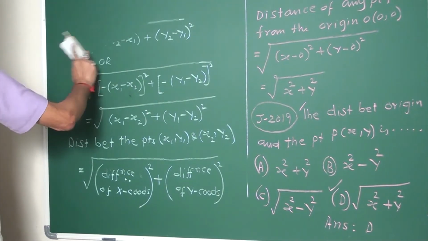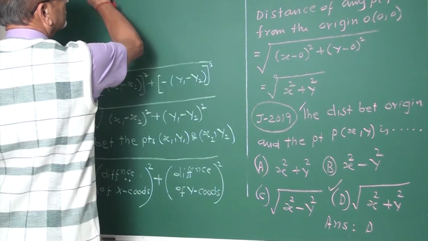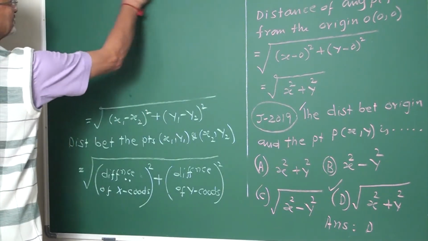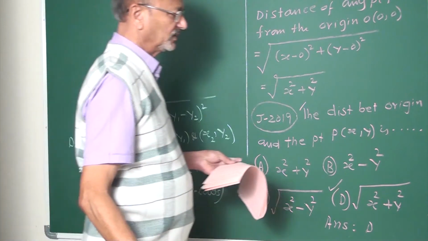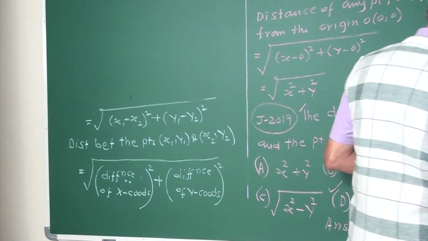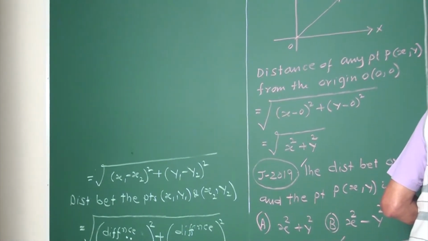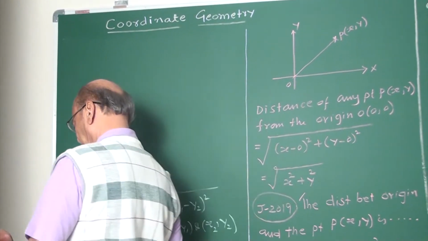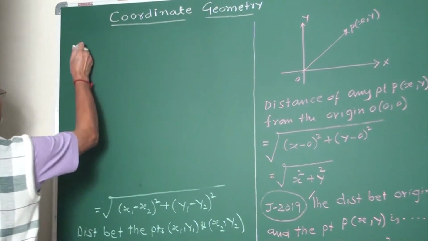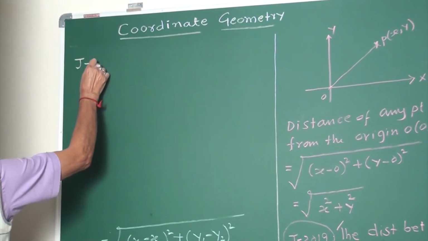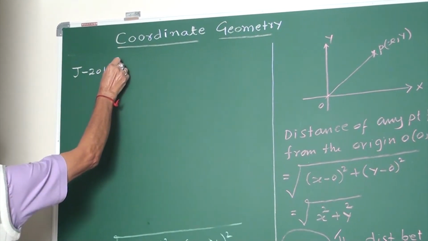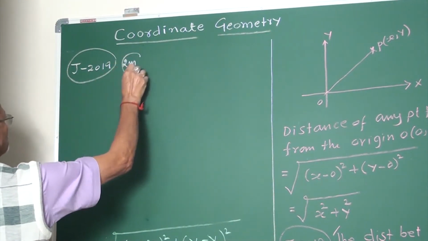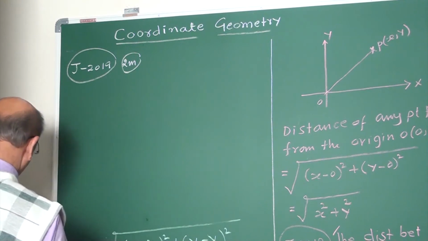Examples. This is June 2019. It appeared under a 2 mark question, that is, not the objective 1 mark question.